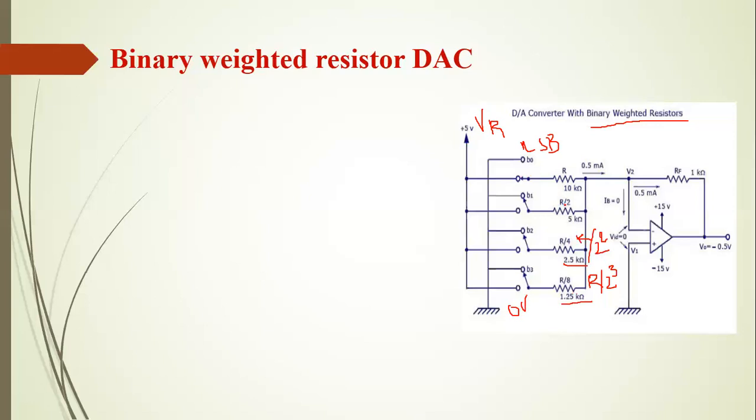If the binary data input is 1, the resistor is connected to plus 5 volts. If the binary bit is 0, then it is connected to ground. So it is as shown in the figure.